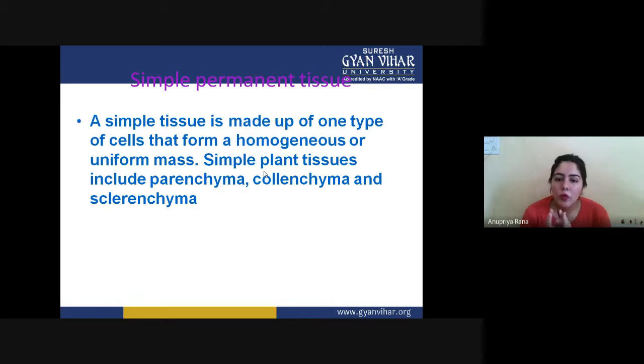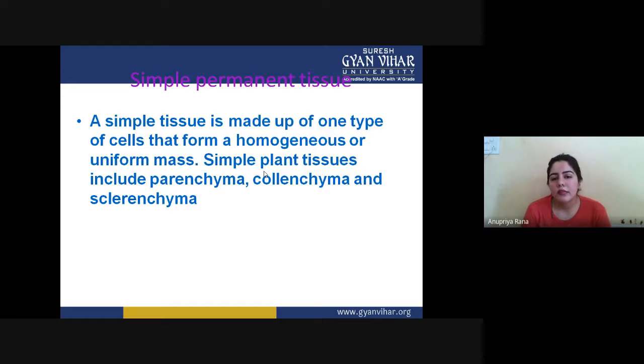In the case of homogeneous cells, all the cells are alike, meaning all the cells have the same structure, same color, and same function. If we are talking about any cell which is heterogeneous in nature, then cells have a different kind of structure, a different type of function, and may have a different type of shape.